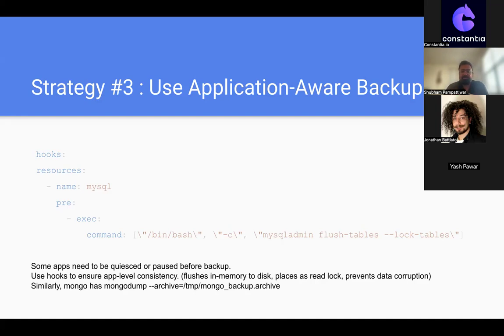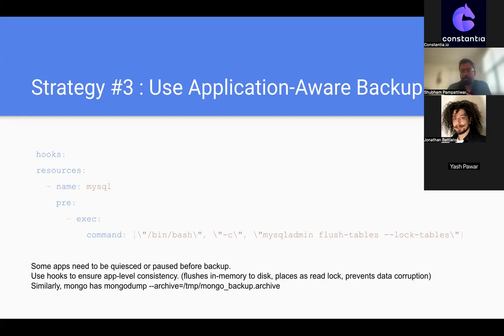These commands are application specific, right? They're application aware. They cannot be generic. You could have other backup specs that are generic, like namespaces or labels, but these specific hooks could be app specific.